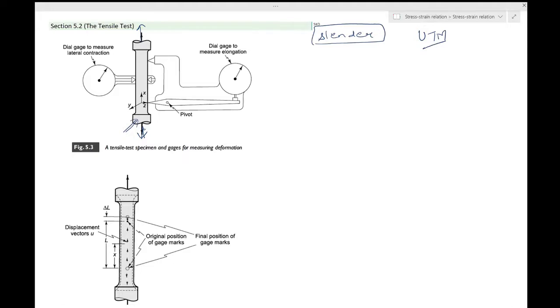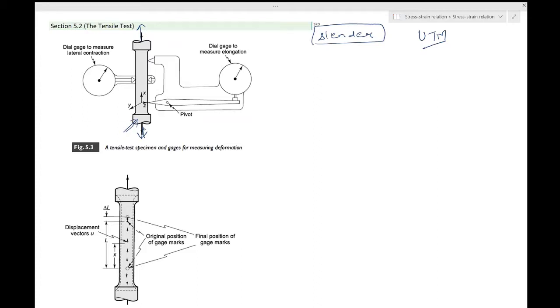This is very commonly used, and if you did some practical experiment in material science or in an experimental mechanics course, most likely you would do a test like this. If not, I would request you to please pause and see a video of a UTM machine. Any UTM machine would be okay.